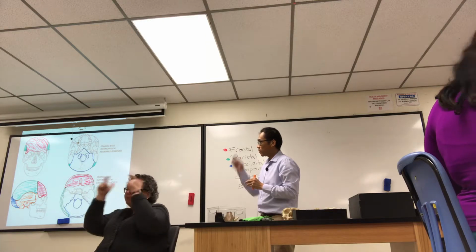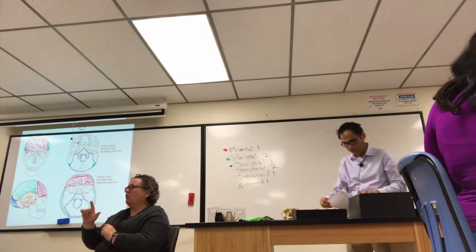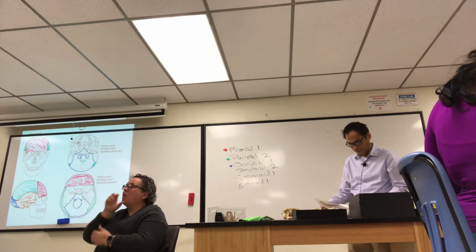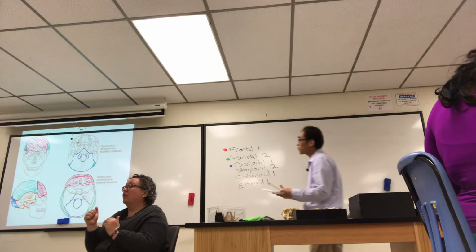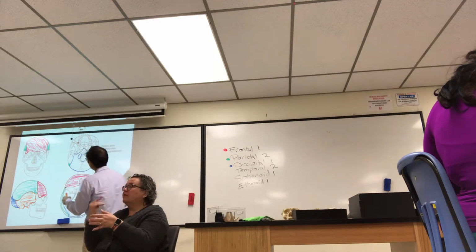Okay. So that's the side view. That's temporal bone, colored in orange. Let's get the other views. From the inferior view, you get a good view of temporal bone.